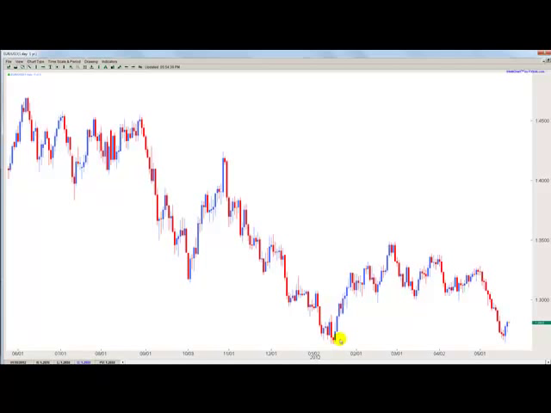So not only can you check out things like support and resistance levels and oversold levels on indicators like stochastics, but you can also literally see what these candles are telling you, just by looking at their colorations, the wicks, and the candle patterns that I just showed you.